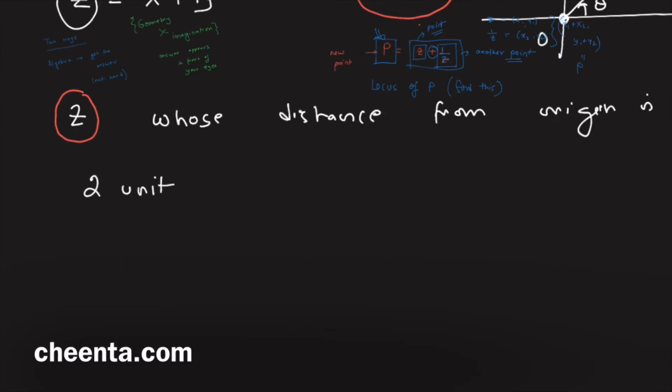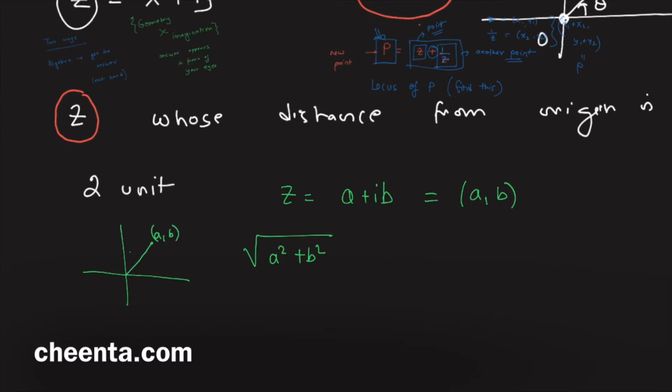The algebraic significance is this, that if z is a plus ib, which is the point a comma b, then square root of a square plus b square is the distance from the origin, right? So square root of a square plus b square is 2 unit. Or if you square both sides, then a square plus b square is equal to 4. This is given information.